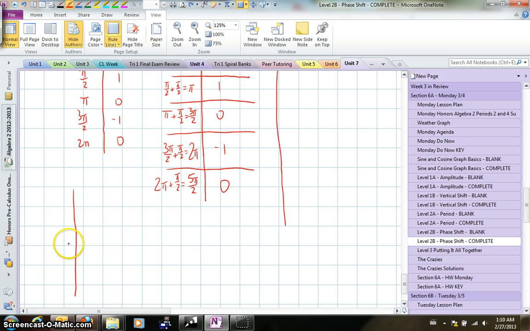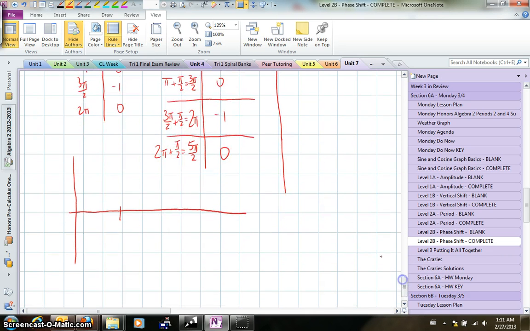I like these graphs because then we can just create our own scale. We don't have to worry about fitting in anywhere. And we can just say, okay, we're going to start at, I'm just going to call that right there, our first point, pi over 2. And then there's pi, 3 pi over 2, 2 pi, and 5 pi over 2.